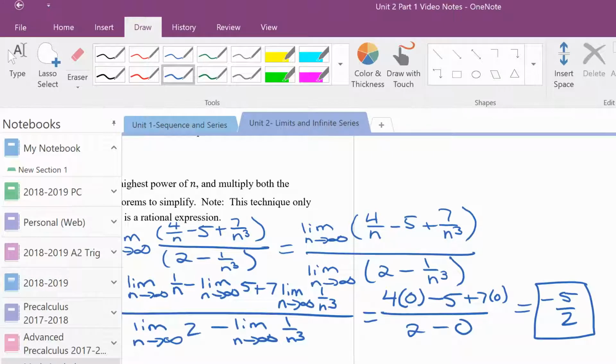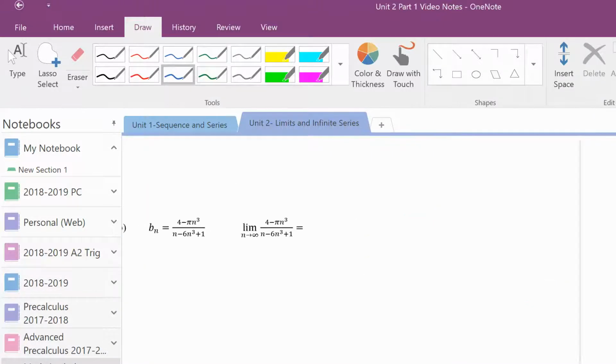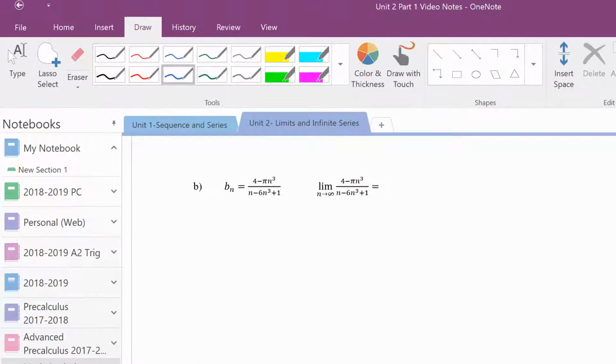All right, let's try again with the next one. And then I'll let you do some on your own, and then I'll just post the answers. For this one, it's the limit. So first of all, the highest power of n is to the third. So let's multiply by 1 over n to the third, numerator and denominator.